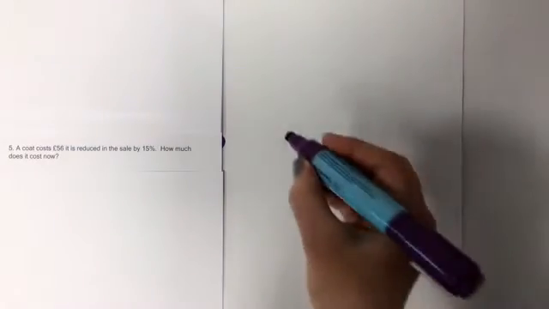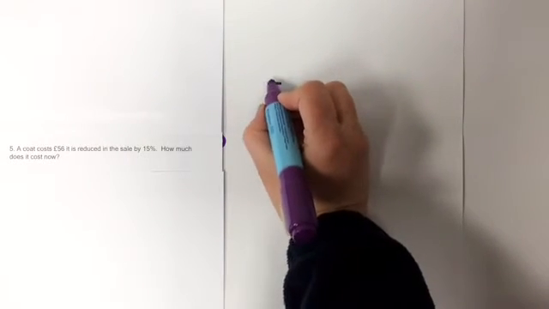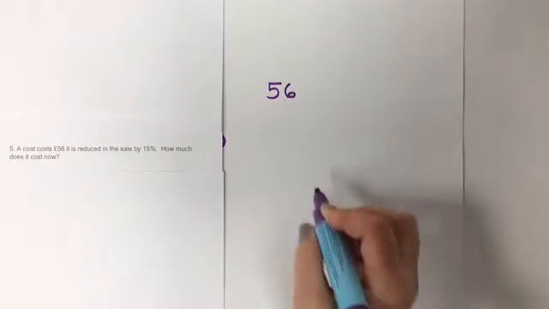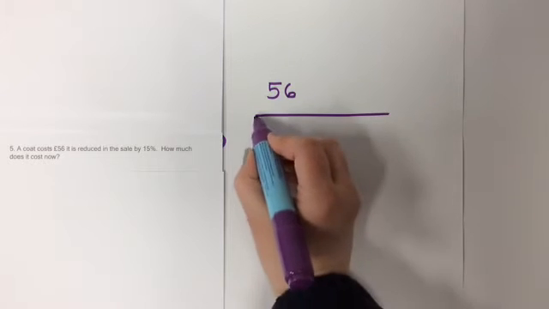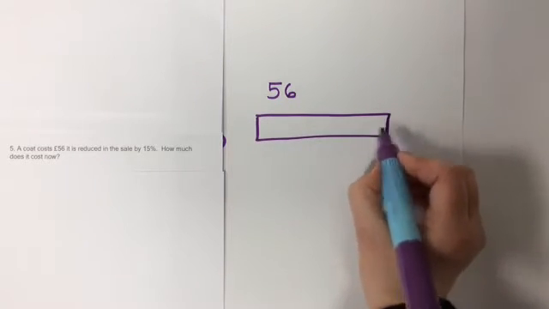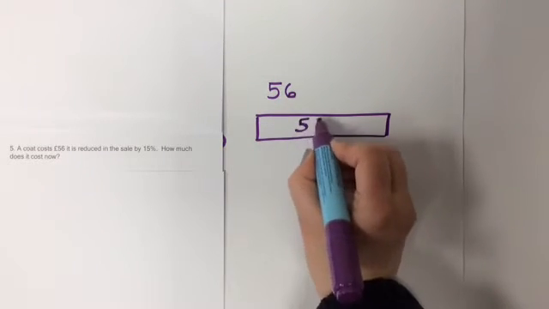Question 5. A coat costs £56 but reduced by 15% in the sale. How much does it cost now? Okay, using the knowledge we've got before, we've got our 56, which is our 100%. My bar might help me here.